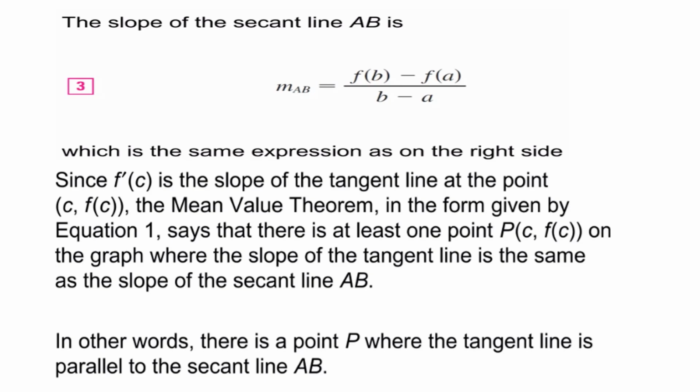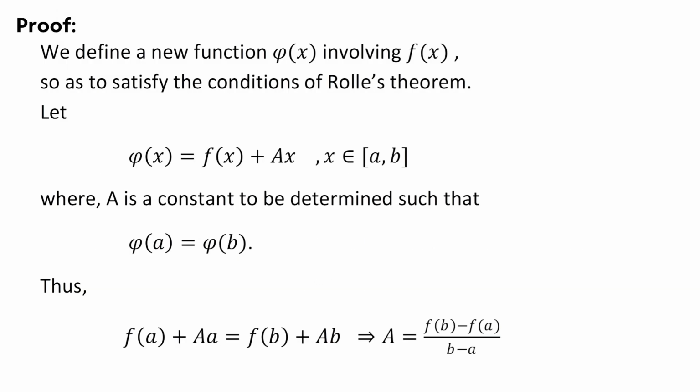In other words, there is a point P where the tangent line is parallel to the secant line AB. Hence, geometrically, we have now proved Lagrange's mean value theorem.